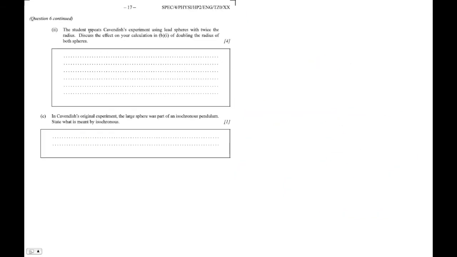And then the rest of B says, the student repeats Cavendish's experiment using lead spheres of twice the radius, right? Well, that's going to affect your distance. Since the force of gravity is G m m over r squared, you've got the small ones and then you've got the big ones.